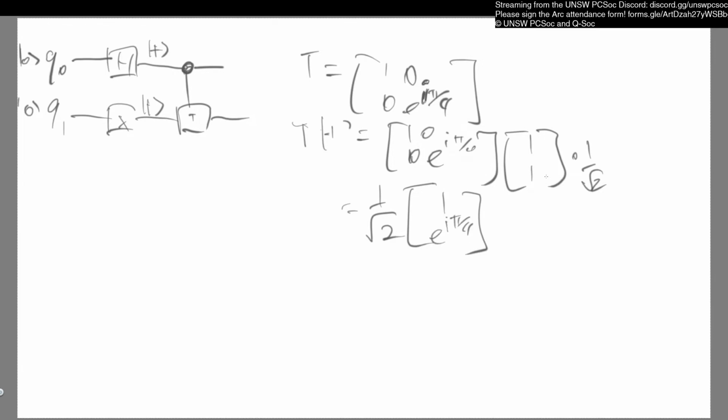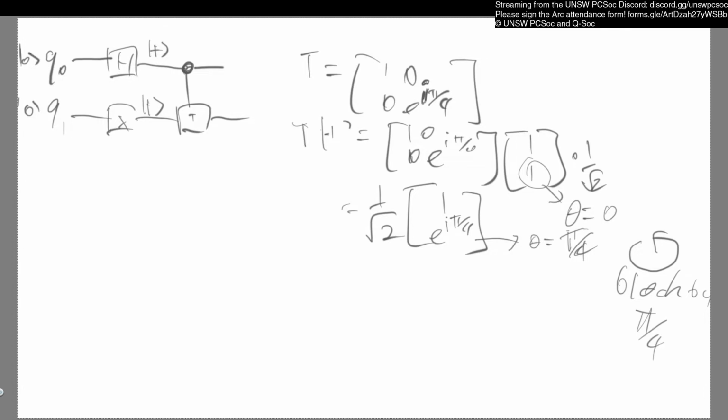Okay, so before, in the plus state, theta was 0, right? Now theta is pi on 4. So it rotates anti-clockwise around the Bloch sphere by pi on 4.